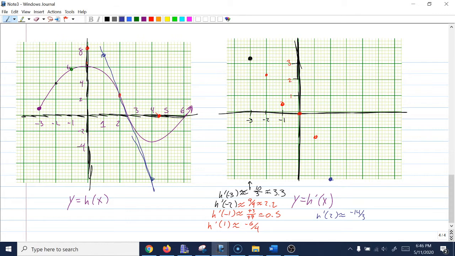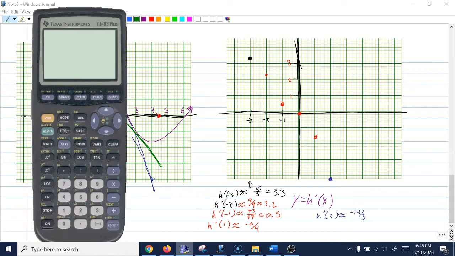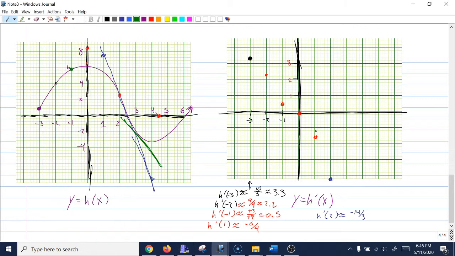Now it's gonna be flatter at this point. Looks like down 6 over 2.5. That's around, I don't know, 6 over 2.5. Two something.